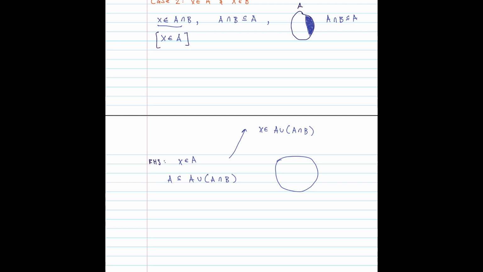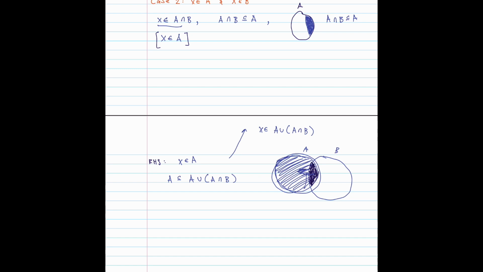A union A intersection B, this whole thing would be A, this whole thing would be A, and then the intersection would be this stuff in the middle, right? So obviously A is a subset of that, right? Because this is A, and then A union A and B is the dark part plus the light part.